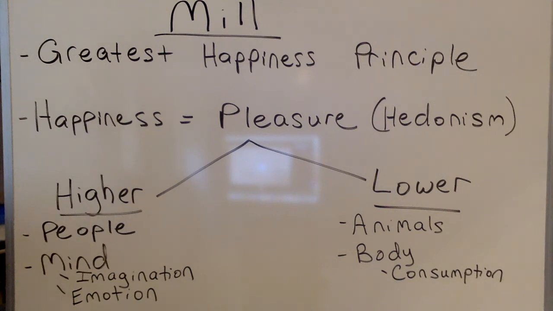So, he says that people will always prefer these higher pleasures if they know them, and that promoting higher pleasures is greater than promoting lower pleasures. So this factors into this greatest happiness principle.